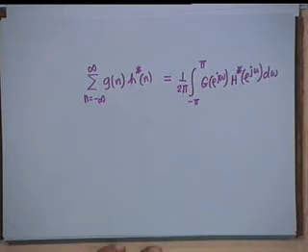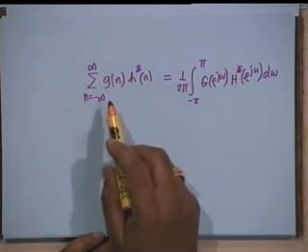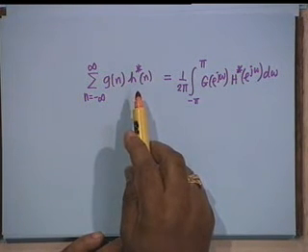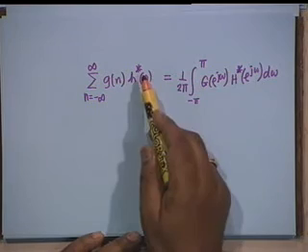This is the generalized Parseval's relation, where obviously we have assumed that both g and h can be complex. Okay, that is why we put a star.